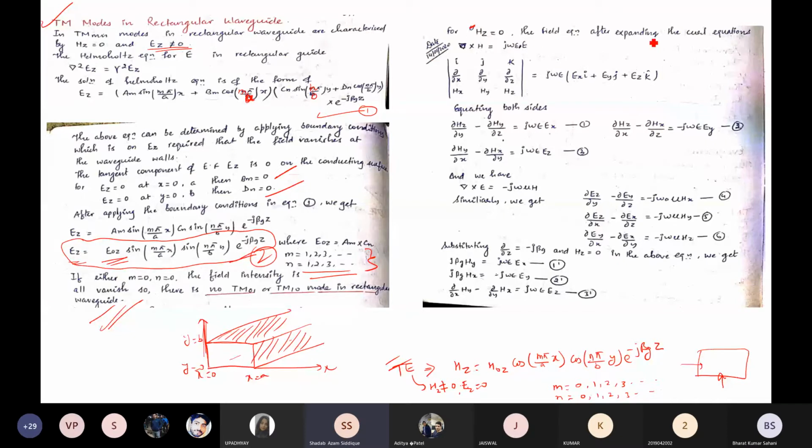The field equation, after expanding the curl equation, curl H is equal to del J plus del D upon del T. There J is equal to sigma E, and we take the lossless dielectric, so sigma equal to 0, so this J will become 0. So we can write curl H is equal to del D upon del T.